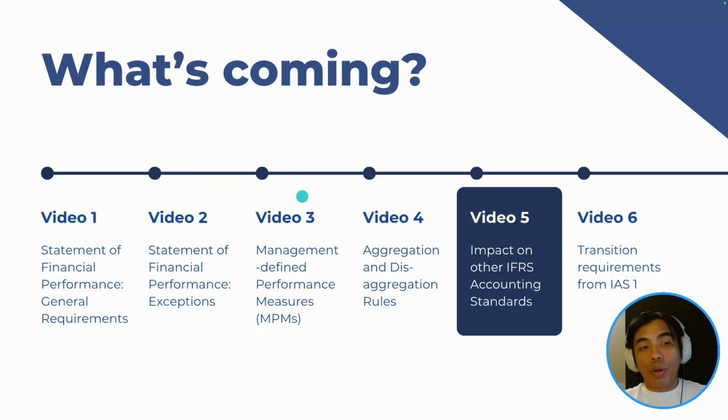We've covered in video number 3 management defined performance measures or MPMs, and also we have dedicated a video about the aggregation and disaggregation rules that are actually new in IFRS 18. And now in this video, we are covering the impact on other IFRS accounting standards, so we are a little bit branching out. This series is all about helping you confidently navigate one of the most significant updates in IFRS reporting.